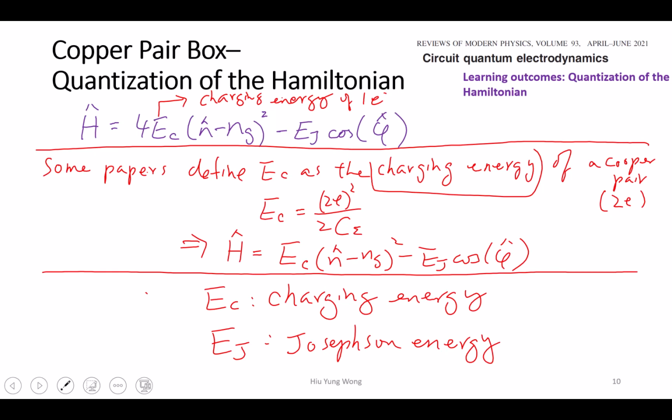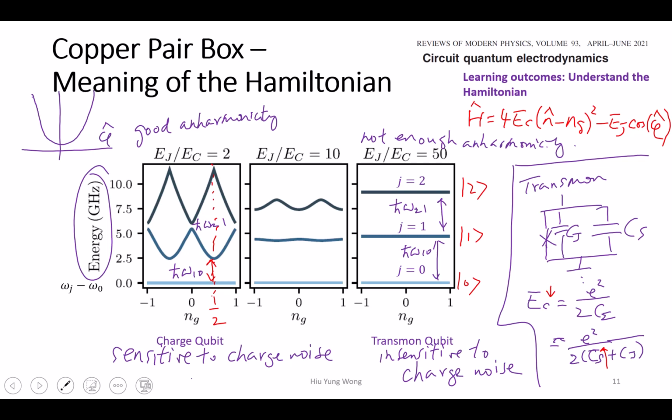And then we can quantize this by promoting to the operator, right? And finally, this is the equation, just the charging energy plus the Josephson energy, which is expected, right? Even if we did not go through all this derivation. And then I talk about the meaning of the Hamiltonian.